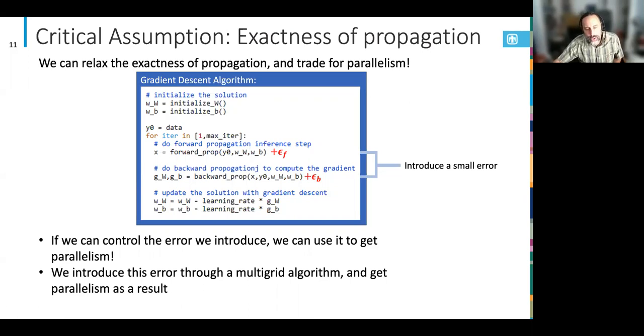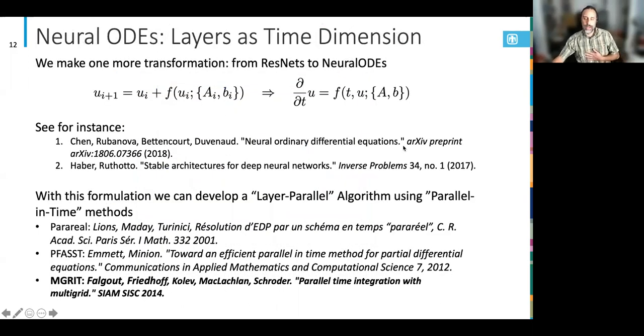There's one last transformation I'd like to make just to make my storytelling a little simpler. We're focusing on ResNets. The reason for this is that the ResNet architecture is more stable at large numbers of layers than, say, the traditional feed-forward neural network, which suffers from vanishing gradient problems. One transformation that's been recently developed is to transform this ResNet architecture into an ODE.